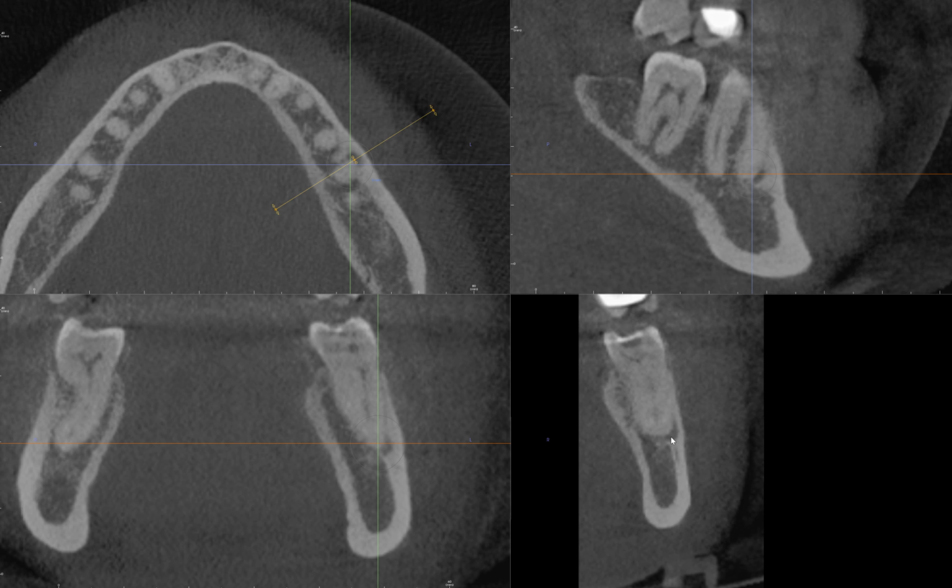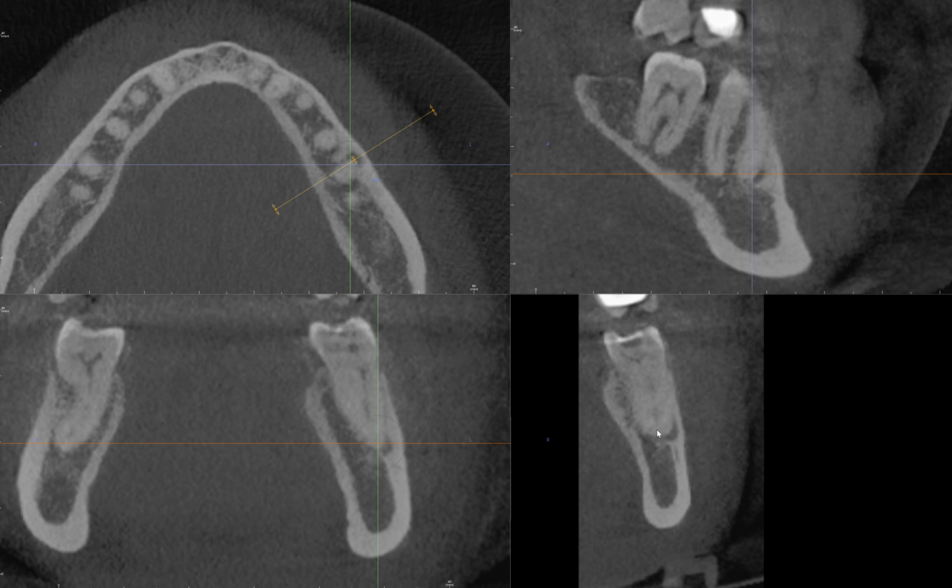Interestingly, this radiolucency is not exactly centered at the apex of this tooth, and there could be several scenarios, right? Maybe this is unrelated to the tooth, as in pulpal inflammation, or there may be an accessory canal that may or may not be very well visualized.